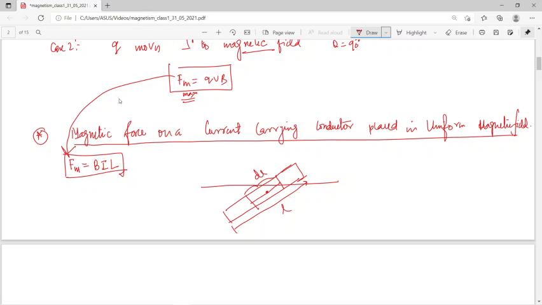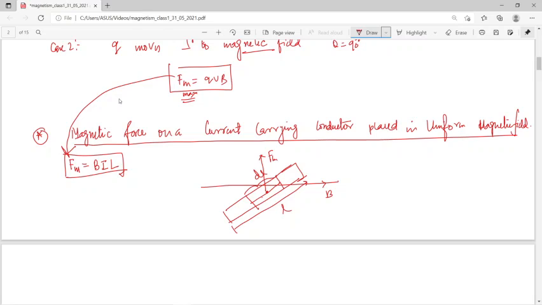and if this is dl, we are taking it along the axis, and the force is acting like that. This is the magnetic force, and that is the magnetic field.